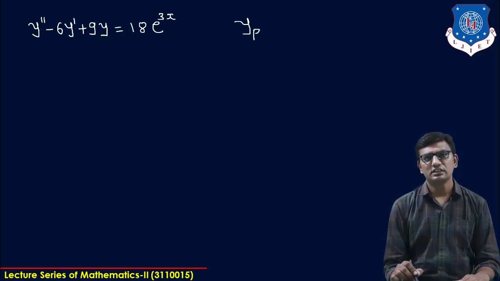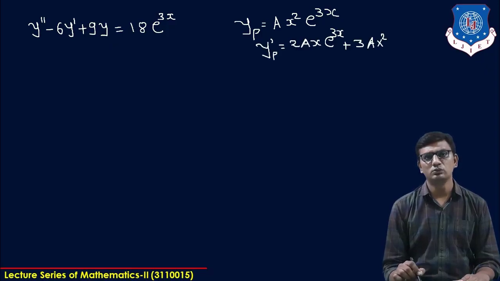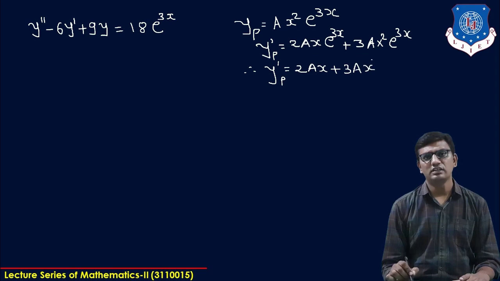Yp is equal to a x² e^(3x), because our R(x) is in the basis of Yc. Now Yp dash equals 2ax e^(3x) plus 3ax² e^(3x). Now Yp dash can be written like this: (2ax plus 3ax²) e^(3x).